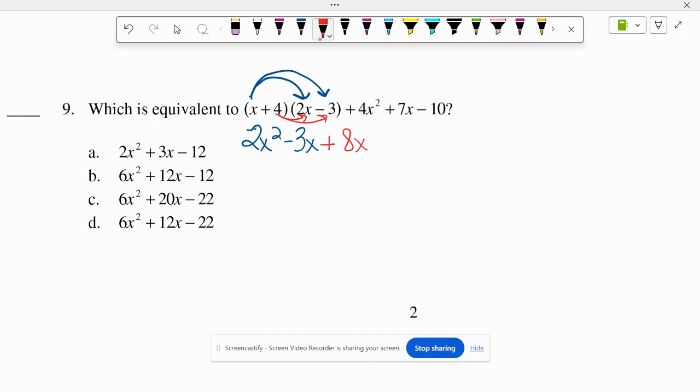And 4 times negative 3, negative 12. Good job. And then I'm just going to bring the rest of these terms along. Plus 4x squared. Braden, you're going to simplify all this for us. Plus 7x minus 10. Braden, let's combine like terms. What are the first pair of like terms that you see?